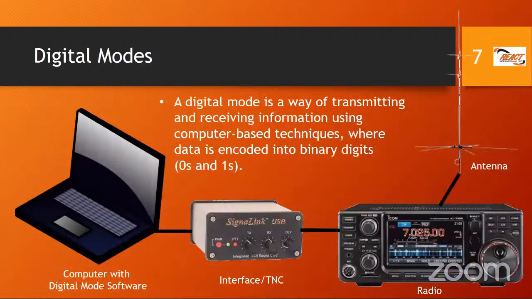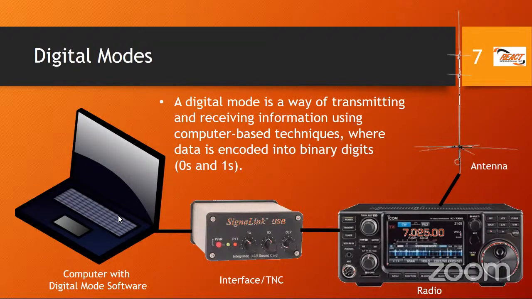All right, so let's go straight into it. Our topics, we're starting with digital modes, and we would have mentioned digital modes before. When we talk about digital modes in amateur radio, essentially we are using a computer and connecting it to a radio.